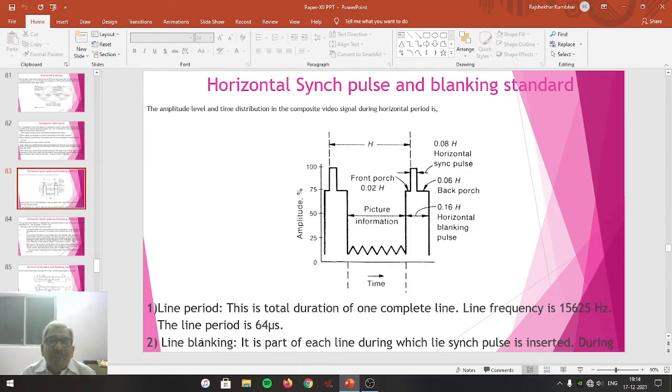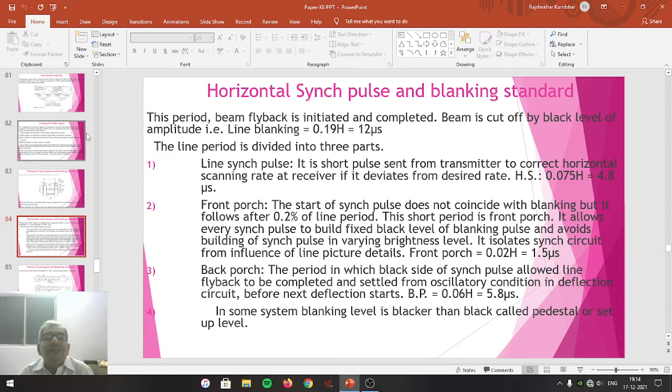The line blanking period is a part of each line during which the line sync pulse is inserted, and during this period the beam flyback is initiated and completed.